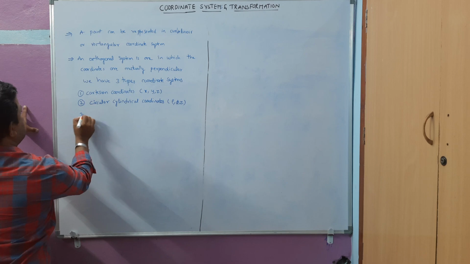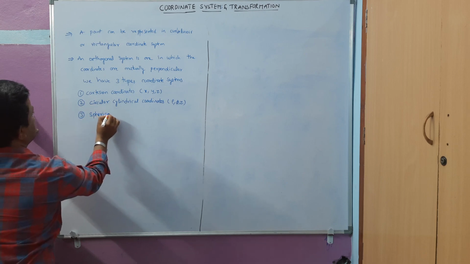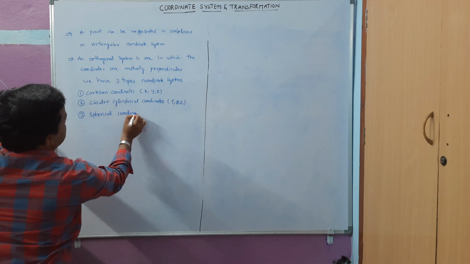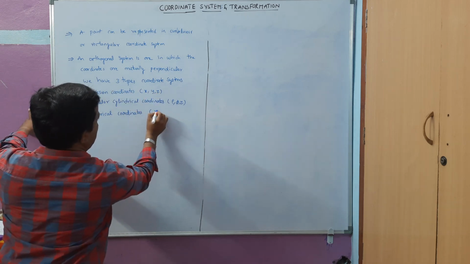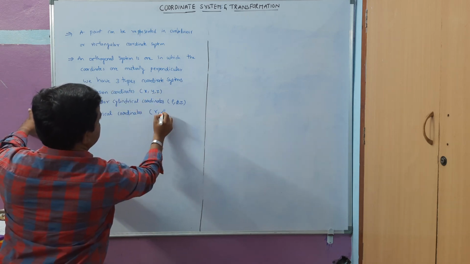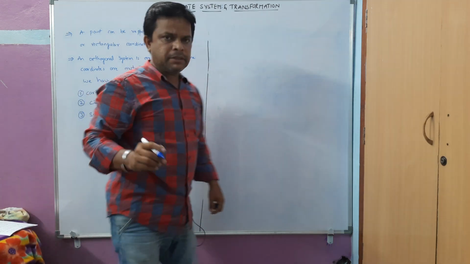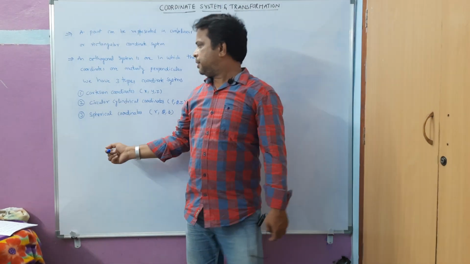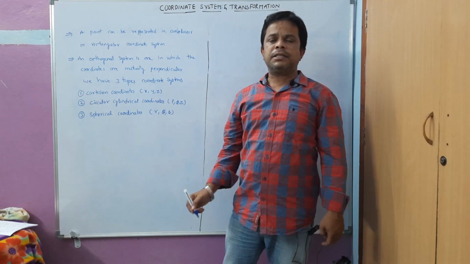Next, spherical coordinates, with variables r, theta and phi. These are the three types of orthogonal coordinate systems.